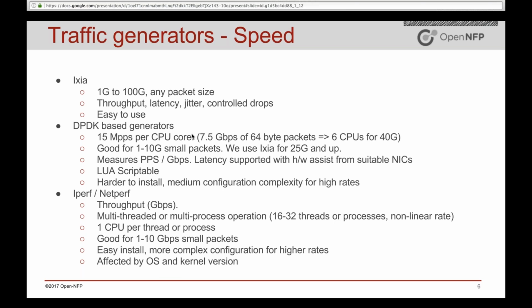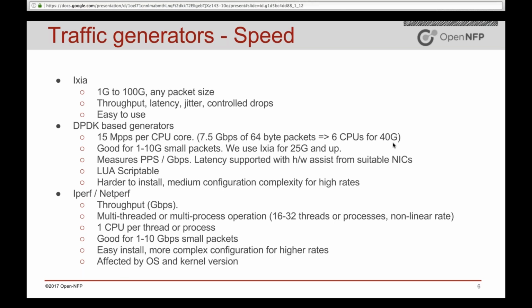So if you're going to be testing a 40 gig data plane, you're going to be needing to allocate for small packets 6 CPUs in order to get to the appropriate rate. So as you can see here, this is why you get to needing memory and CPU resources for doing the testing.